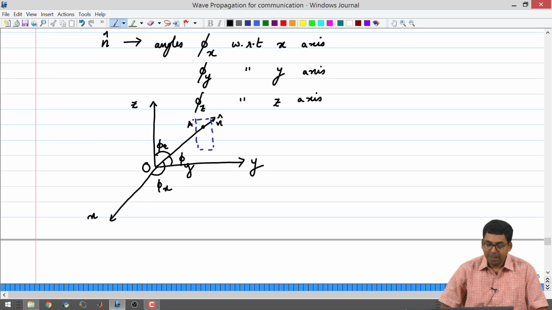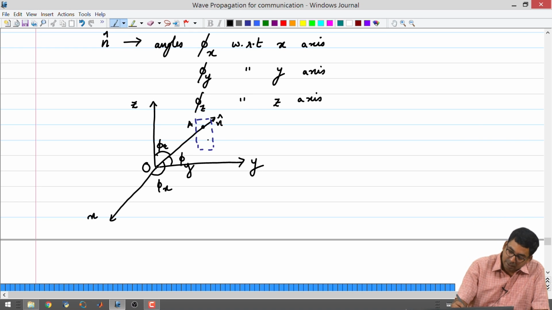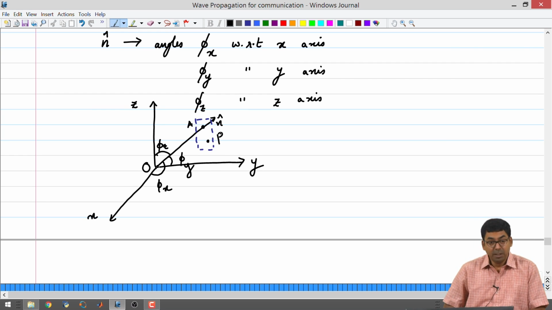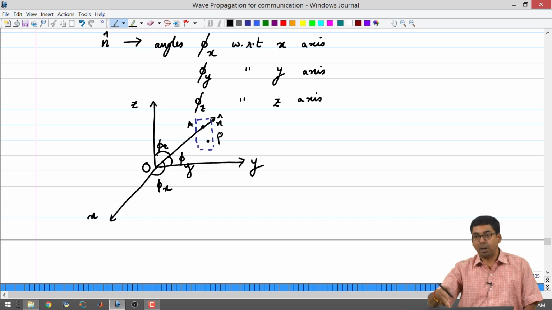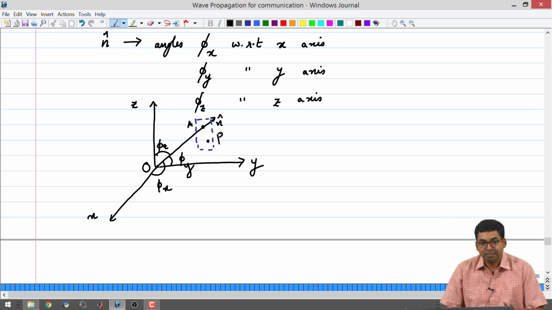Now, we can also have another point on this plane, okay, and that plane would have the same phase as the wave at point A, all right. That is why it is a plane of constant phase, okay. So, you can always have another point and call it P, okay. Even though you have marked a different point, the wave that is traveling in this plane at all the points has the same phase, okay.